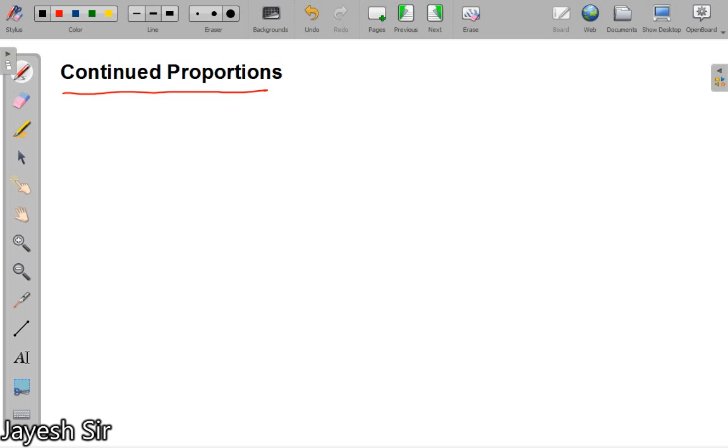Let us write down the definition as it is in the book. Three quantities of same kind.